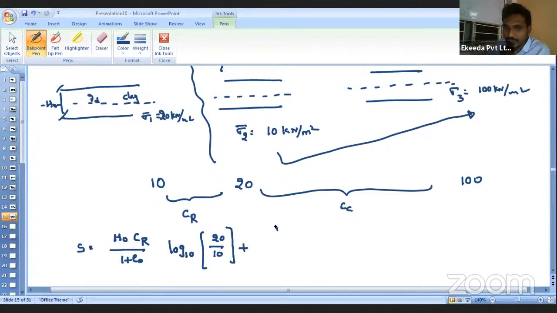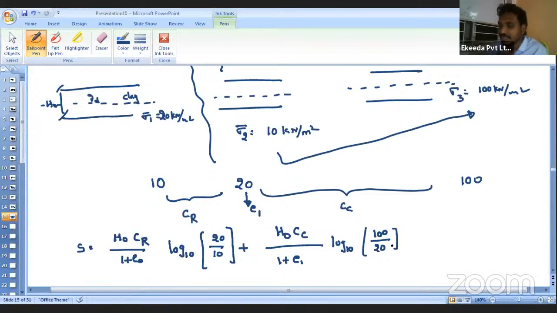Plus similarly H naught. From 20 to 100 we have to take the compression index divided by 1 plus, which void ratio we have to take? Here we are considering from 20 to 100. So let us say that corresponding to the 20, the void ratio is e1. So here we have to take 1 plus e1 into log 10 of 100 divided by 20.